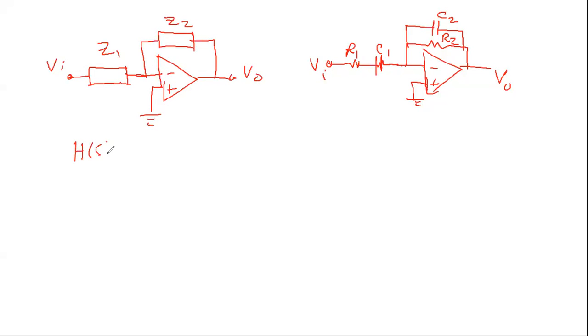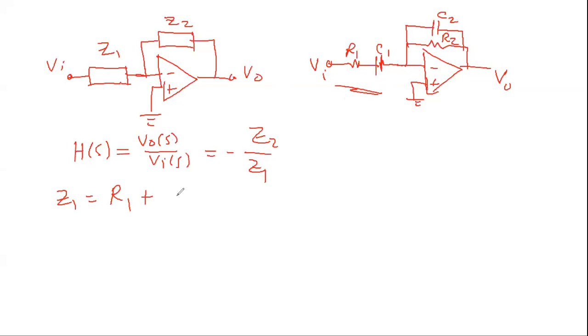So H of S equals V out of S over Vin of S, which is minus Z2 over Z1. Now, how much is Z1? If you look here, this is Z1. It's R1 plus 1 over SC1, which is 1 over J omega C1. But we're going to use S instead of J omega.